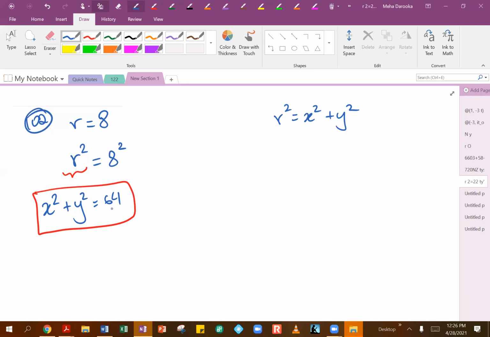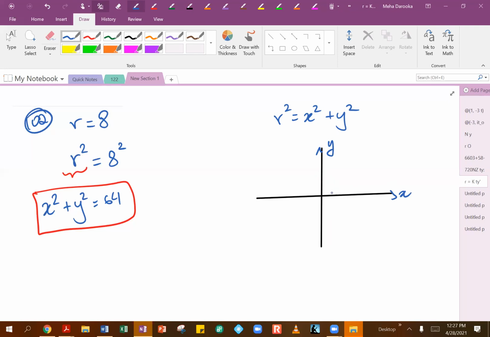And then of course, if you recognize this equation, this is the equation of a circle. So this would be our x and y coordinate plane. And then, 64 means you have a radius of 8.